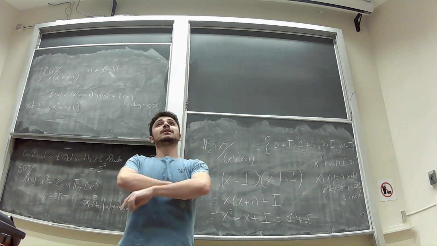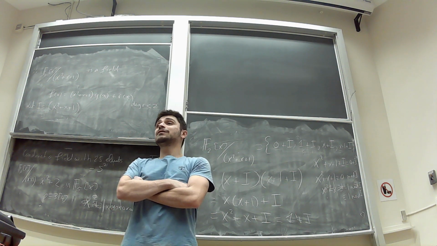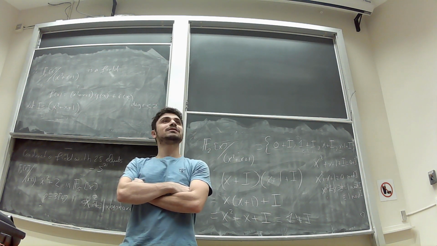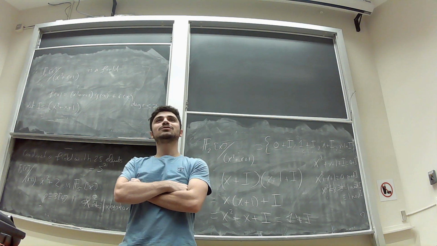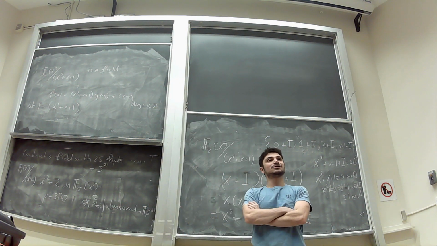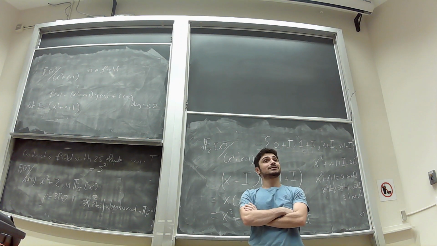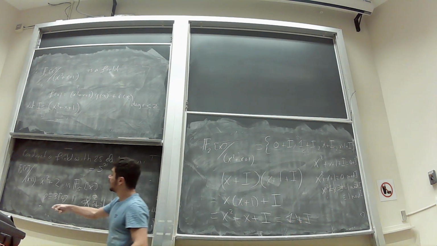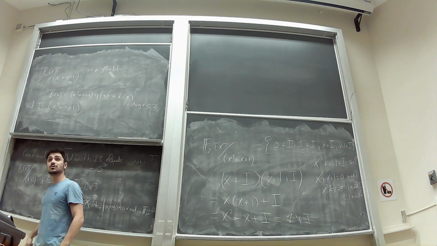So for example, I need a field with 11 squared elements. What do you do? 11 is a prime congruent to 3 mod 4. What's an irreducible polynomial of degree 2 in F11? X squared plus 1.